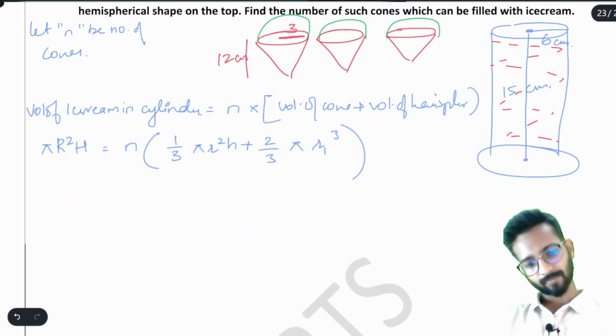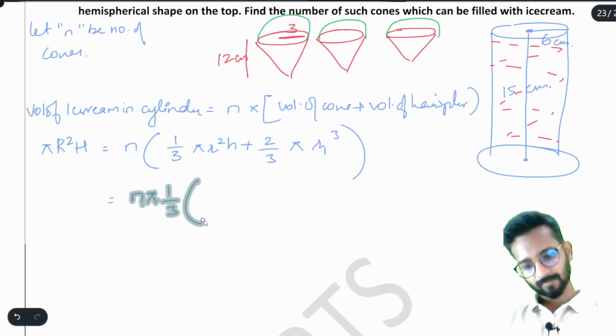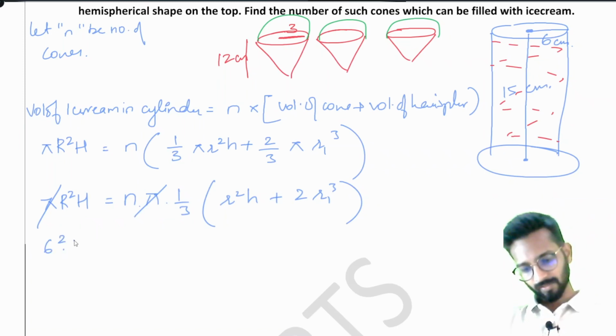Now, pi will be common, n into 1 by 3 and pi can be common here. Inside will be r square h plus 2 of r1 cube. Here it will be pi r square h. Pi cancels. Now r square h will be 6 square into 15, n 1 by 3.